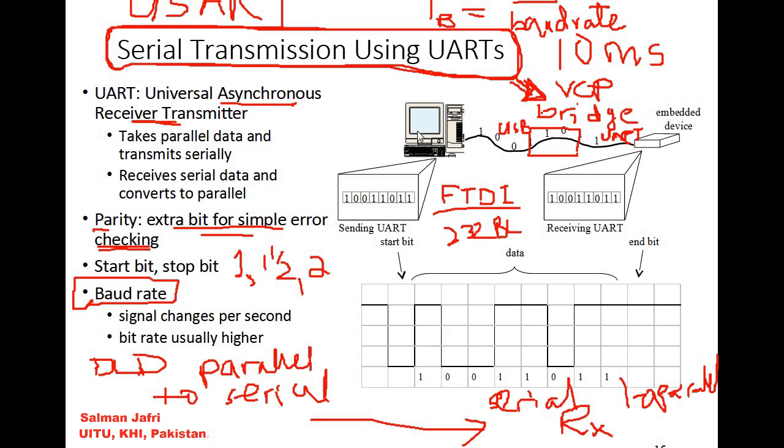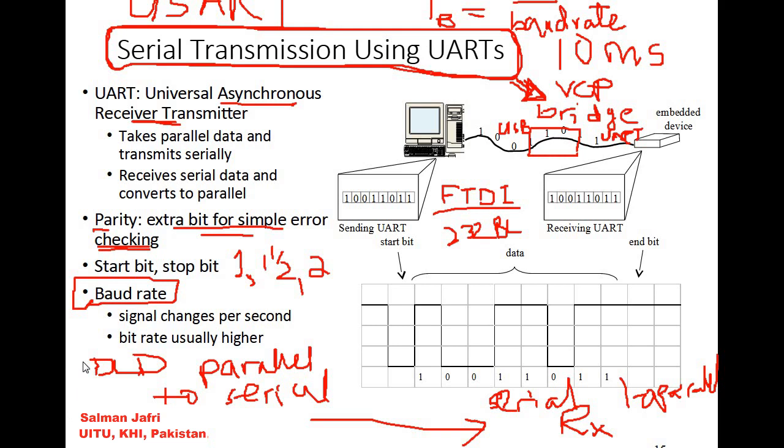So the advantage is that your device can communicate with the USB of a host system or a personal computer without any added complexity of the USB protocol. As the USB protocol is very difficult to implement, it is handled automatically by this chip, and this chip can be configured on the Windows environment by using the VCP or the virtual COM port drivers. Okay, so it's called a VCP bridge or virtual COM port bridge.